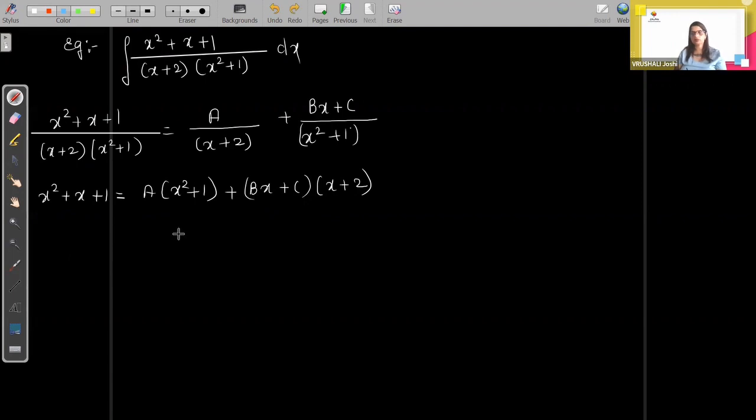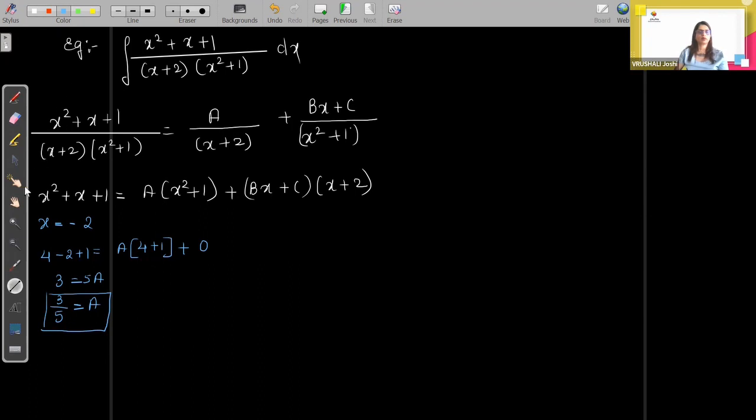Let us see how it works, right? So x equal to -2, so -2 का स्क्वायर will be 4, 4 - 2 + 1 = A into (4 + 1) plus ये आएगा 0, correct? So 4 minus 2 is 2 and 2 plus 1 will give you 3. This is equal to 5A. So 3 by 5 is the value of A.